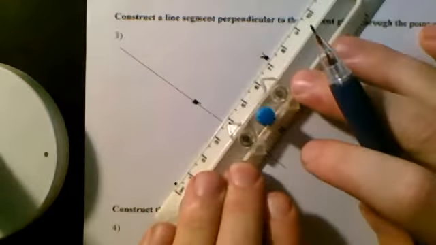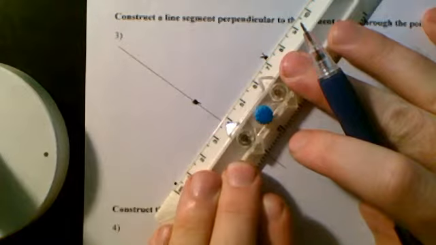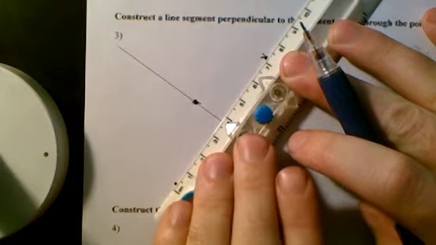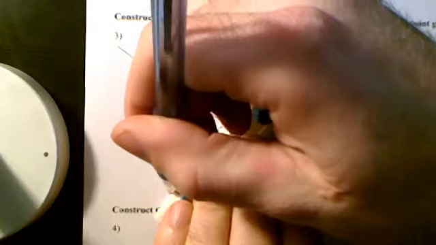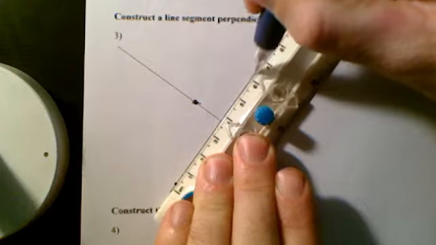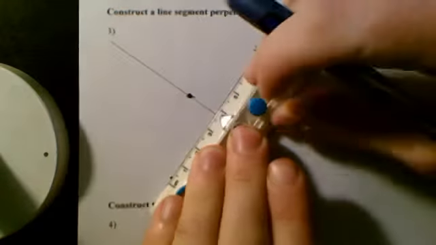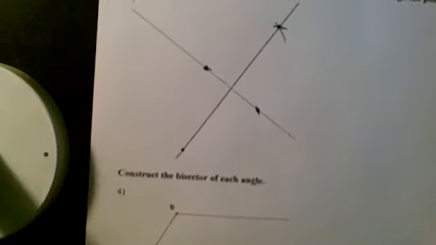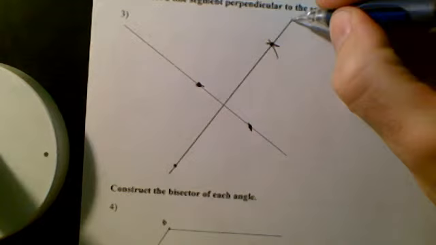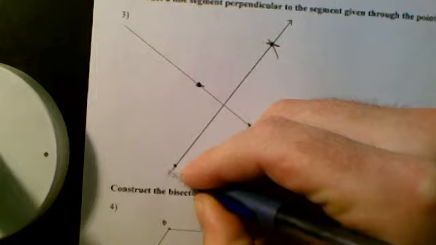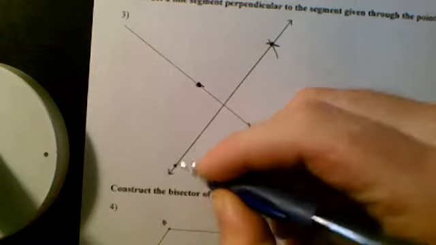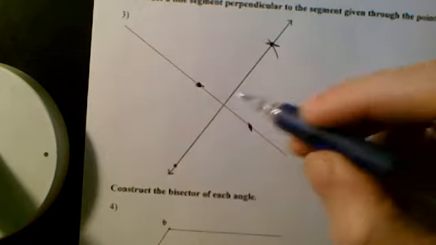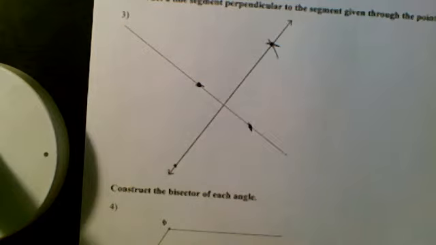So just take your straight edge like so, connect the points. Right now we have a segment that's perpendicular. All I need to do is draw these arrows, and then I can say that I have a perpendicular line that goes through that original point, and it's perpendicular to that original segment. And we're done.